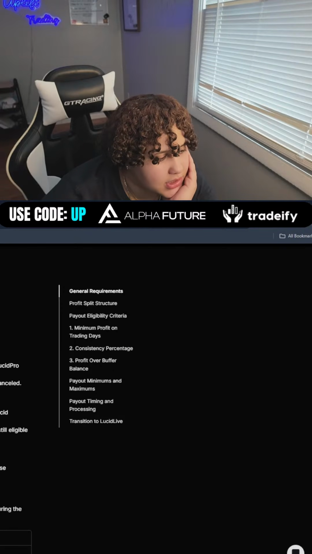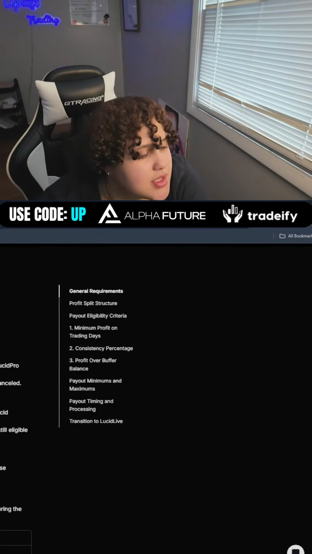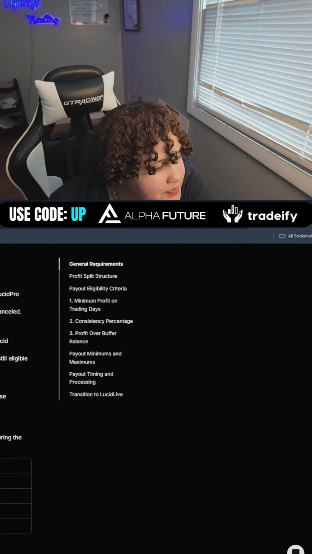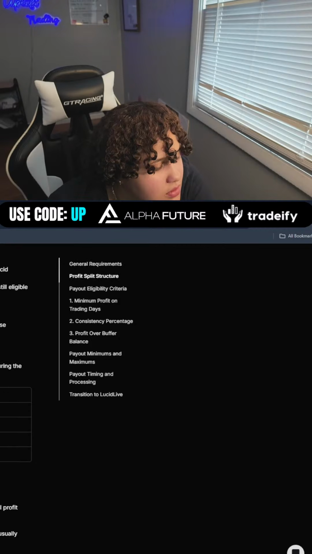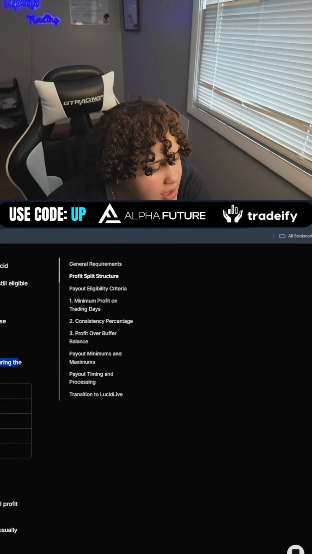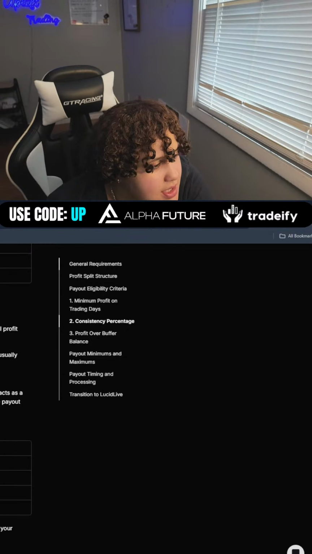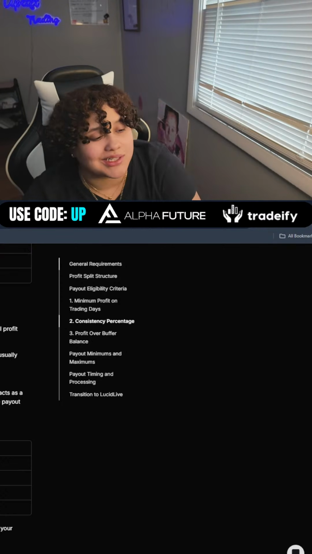Payouts. Okay, let's see. This is for their pro accounts. Let's see what you need. So you need 5 separate days during the payout cycle. That's normal. Consistency, 40% consistency after each payout. That's also normal.